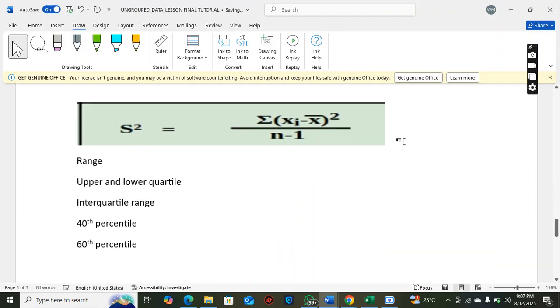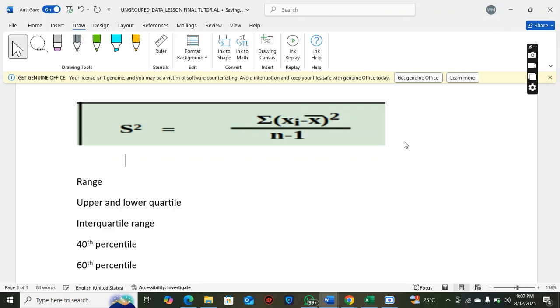So you're going to say 410 divided by n, which is the number of data values, 6, minus 1.